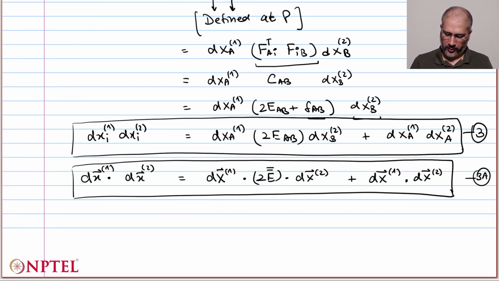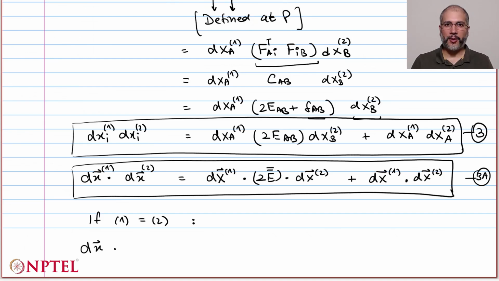So let's apply this for a situation where 1 is equal to 2. So this is a general term where d small x1 and d small x2 can be different, but it will also work if they're the same. So if 1 is equal to 2, then what we get is d small x1, and let's remove the 1 here because they're just the same.